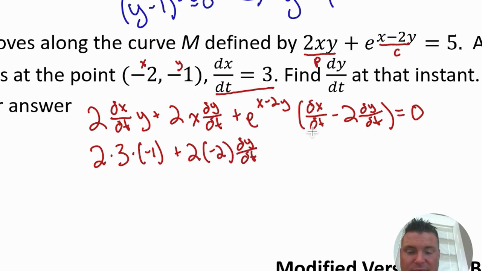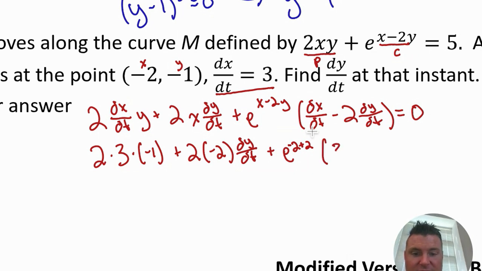That is my variable I'm solving for, plus this becomes e to the, sorry, there should be a -2 right there, plus 2. That'll make it much easier. And then dx/dt is 3 minus 2 times dy/dt.